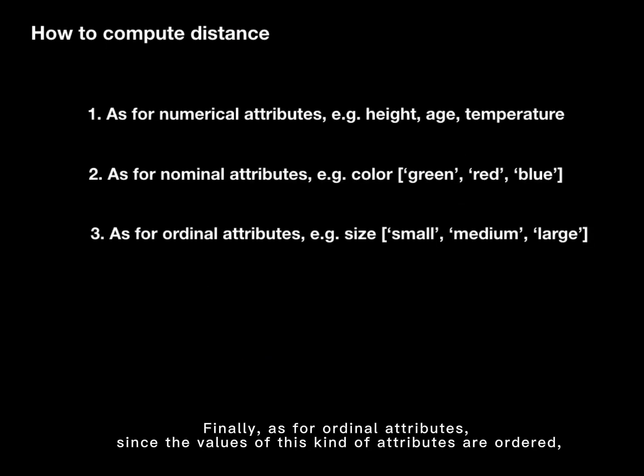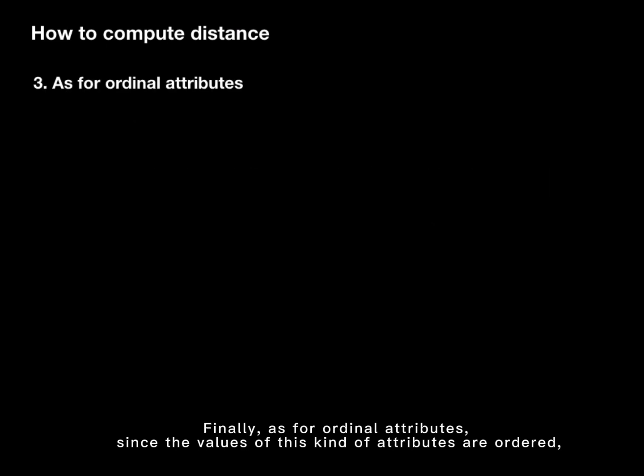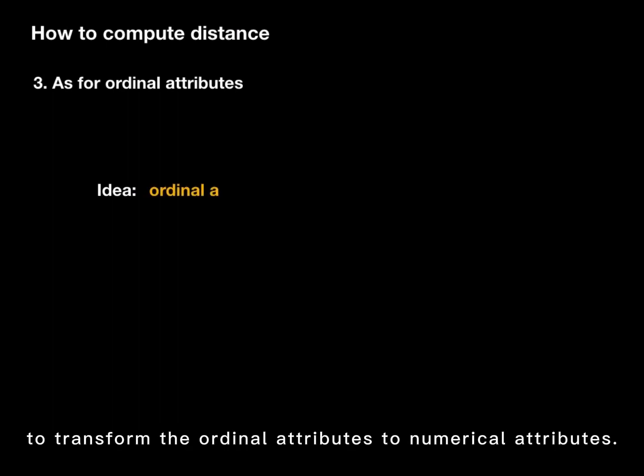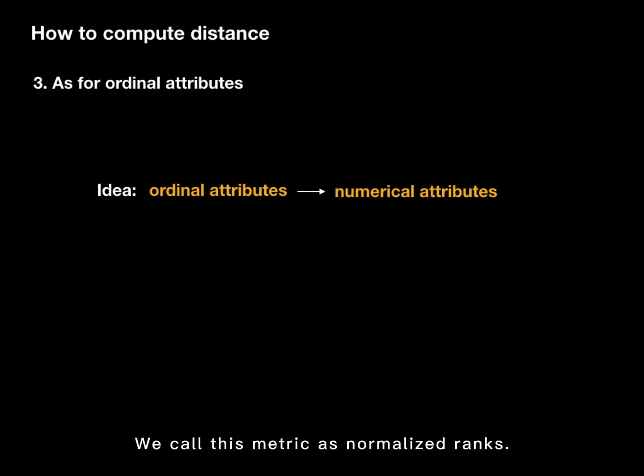Finally, as for ordinal attributes, since the values of these kinds of attributes are ordered, we can use rank to represent distance. Therefore, the idea of this kind of metric is to transform ordinal attributes to numerical attributes. We call this metric normalized ranks.